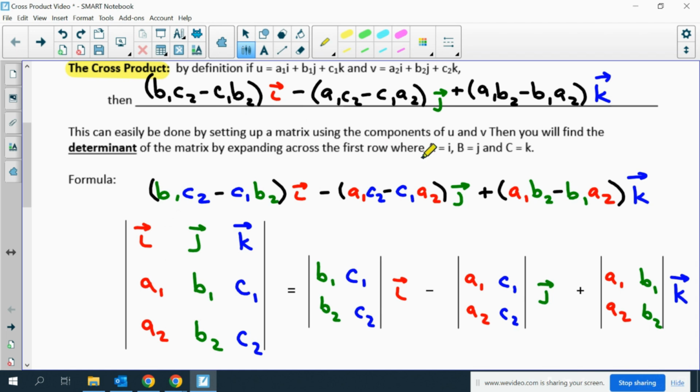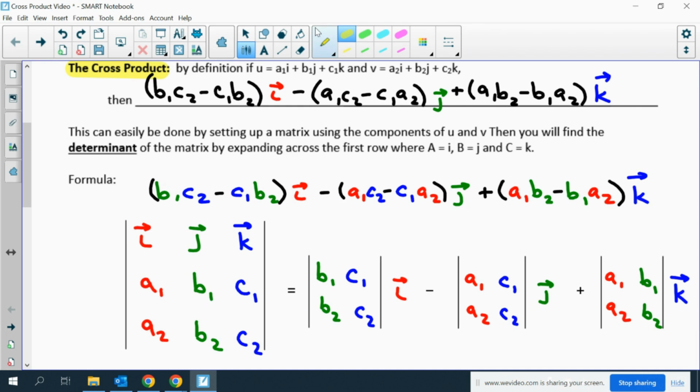What we do is we put the vector u here, the vector v here. It doesn't really matter which order you have them. And then you have i, j, k up on top. So remember that i, j, k are just the x direction, y direction, and z direction.